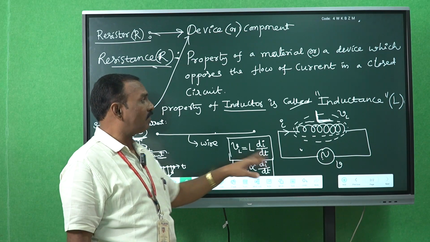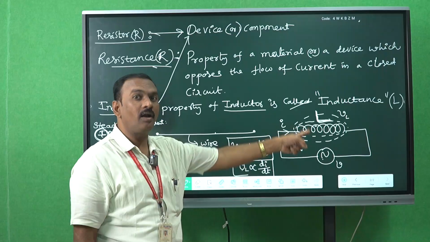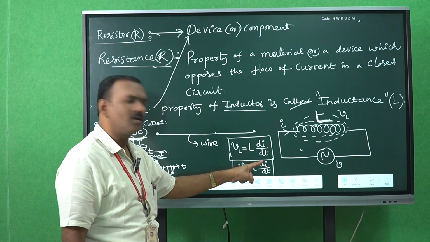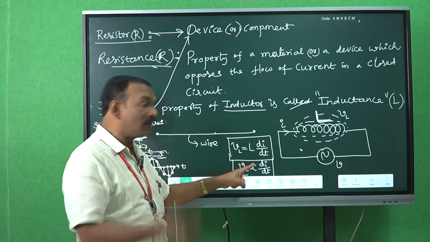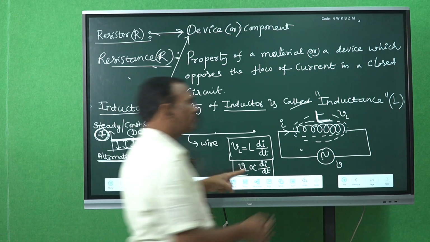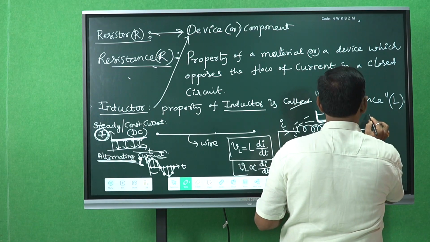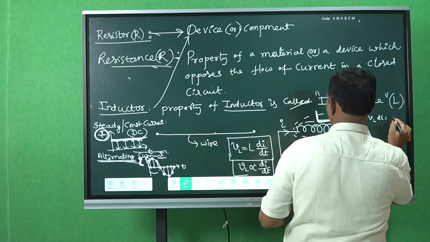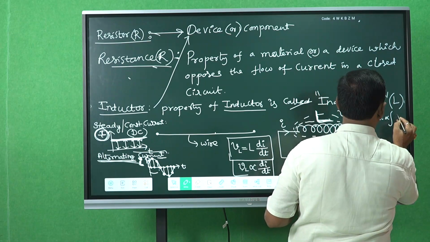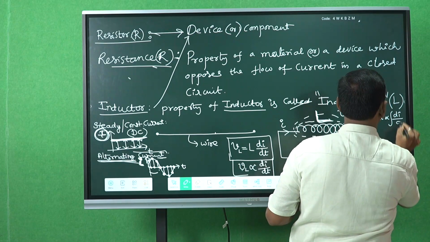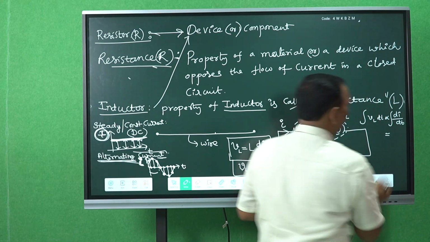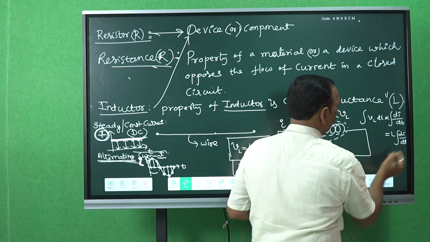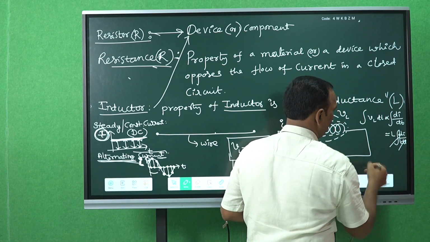Now, how much current is passing through the inductor? In order to get the current, we have to integrate this on both sides. Integral of VL dt is proportional to integral of di by dt. If proportionality is eliminated, it is L into integral of di by dt. Here integration and differentiation cancel.